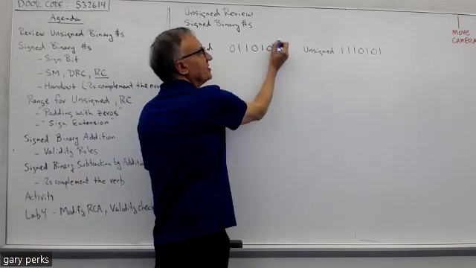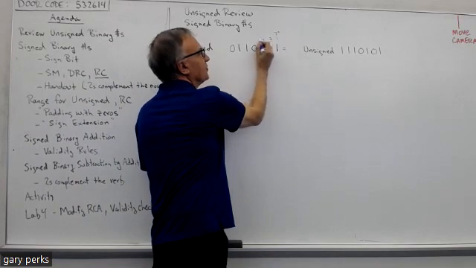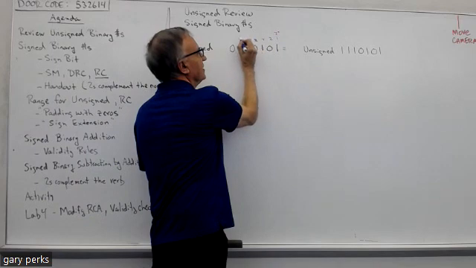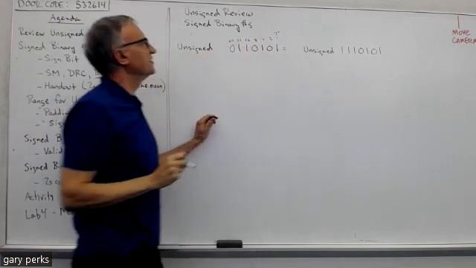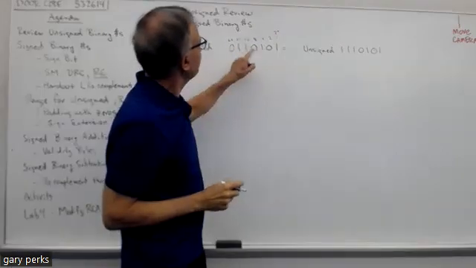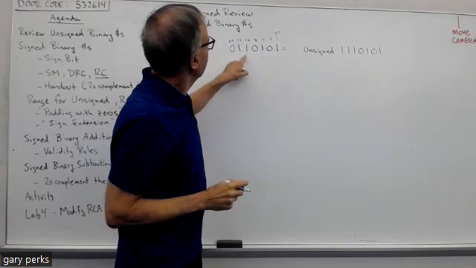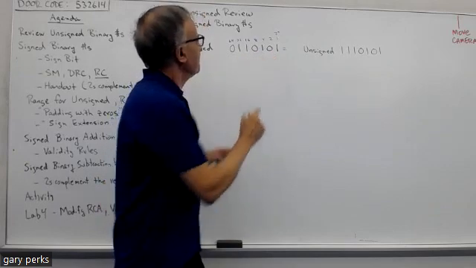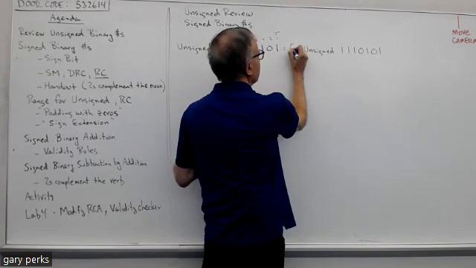We start here with the ones, the 2 to the 0, then the 2, the 4, the 8, the 16, the 32, the 64. Then we just add them up, and what'd you say it was? 53. I think that's right, because 48 plus 5. Yeah, 53. Everybody agree?